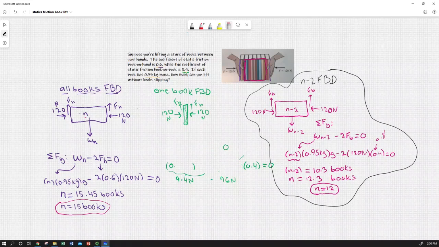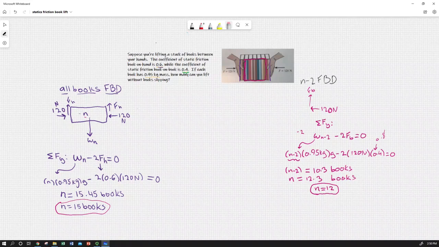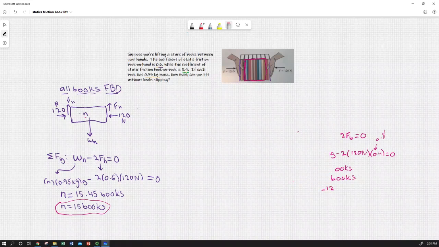So one question that might get raised, and it's a legitimate one, is why couldn't we use an n minus 1 FBD and use friction on one side, hand on book, and book on book on the other side? The reason we couldn't do that, and it would have given us a different answer actually, is we would have had something we couldn't actually solve for.